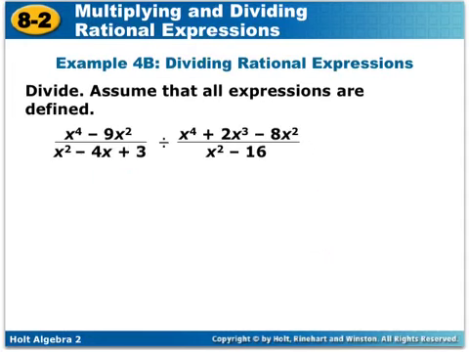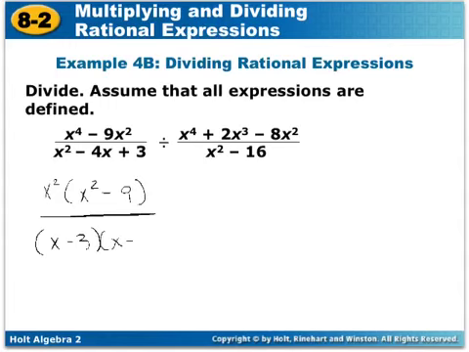Alright, let's try another one. Rewrite the problem. I'm going to factor and rewrite the problem at the same time. This gives me x squared minus 9 over, this factors 2, x minus 3, x minus 1, multiply.